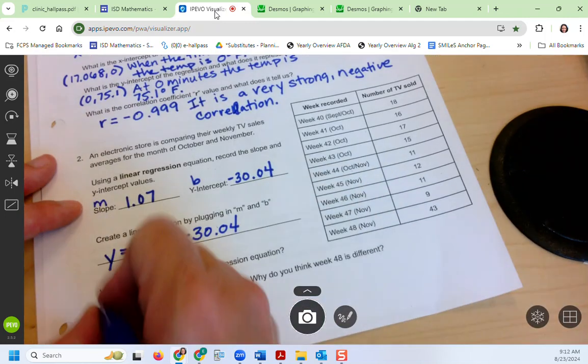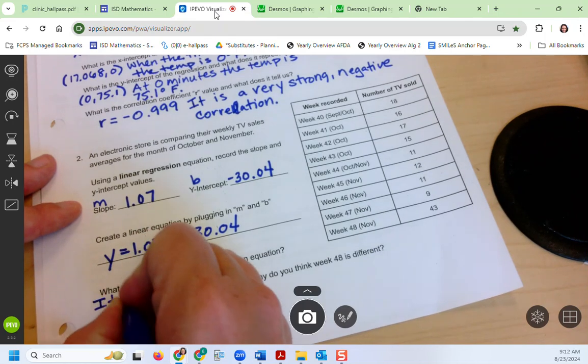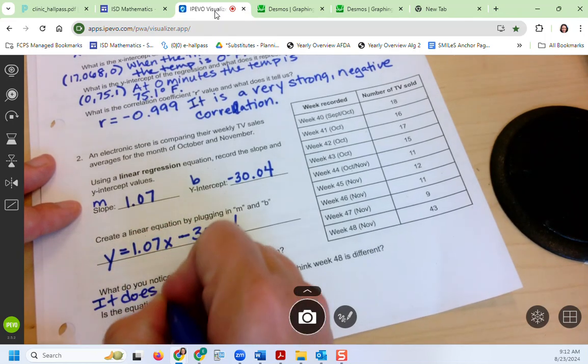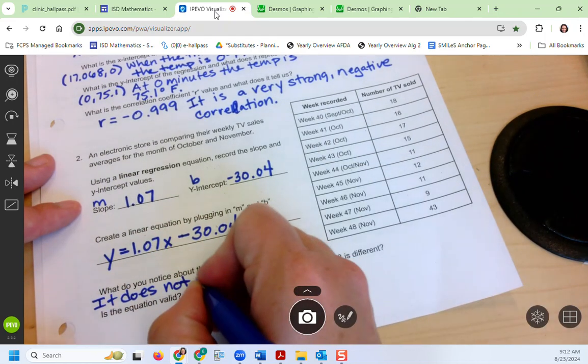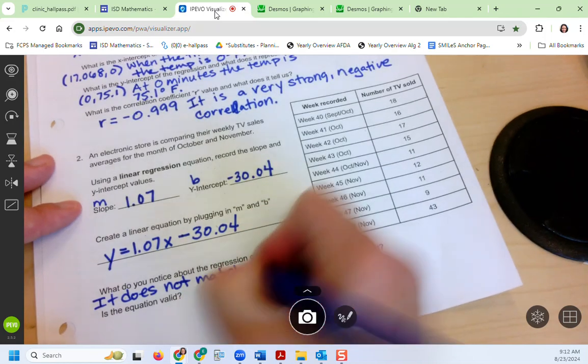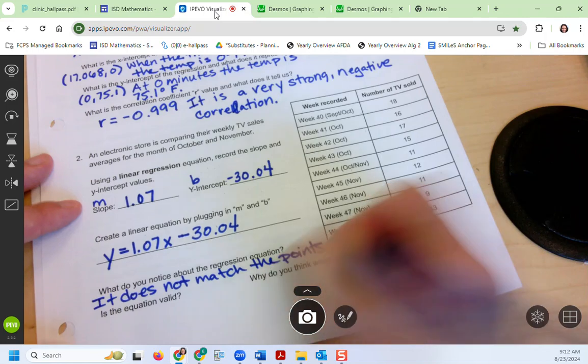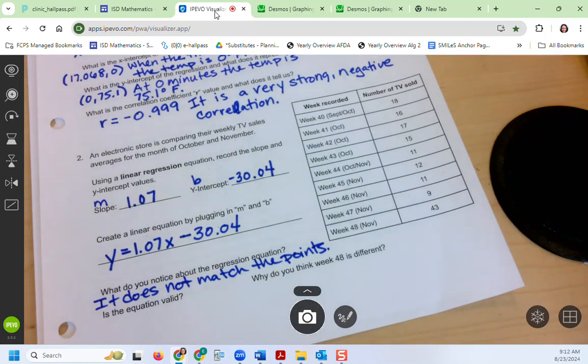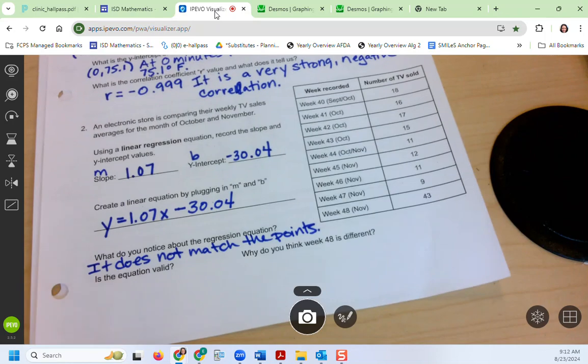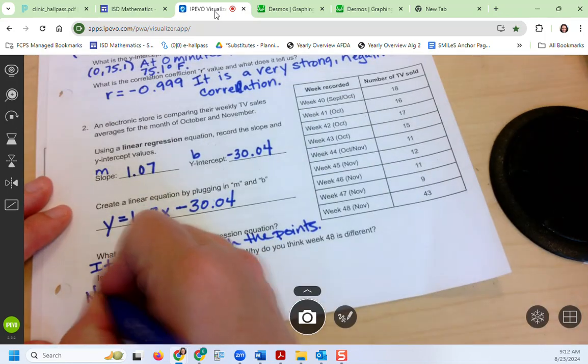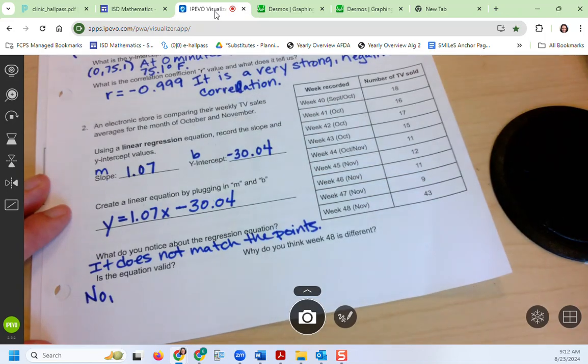I'm just going to say that it does not match the points. And is it valid? I'm going to say no because it just doesn't describe the trend of the data. It's not going to be helpful in determining anything, right?